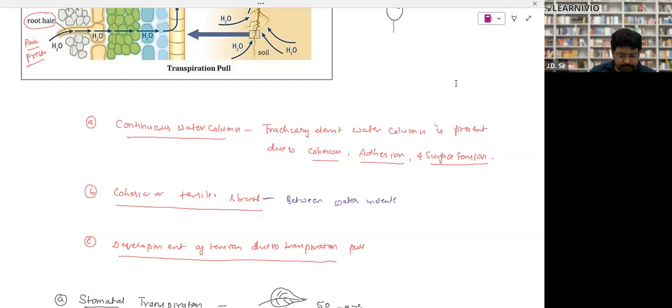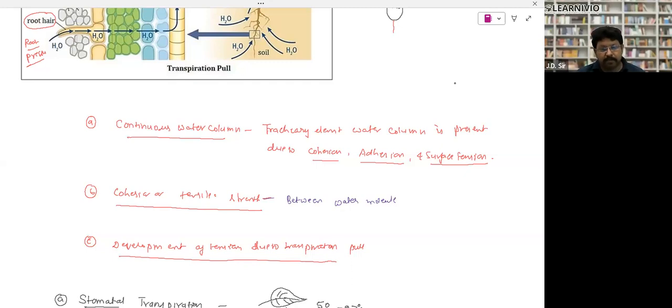Water molecules remain attached to one another by a strong mutual force of attraction, called cohesion force. Full stop.